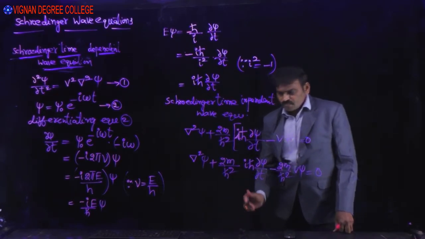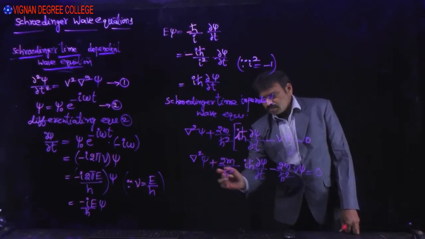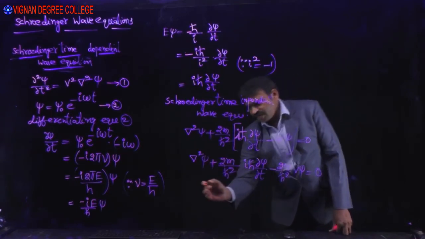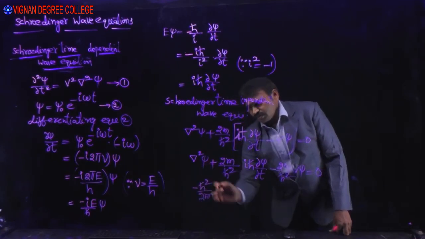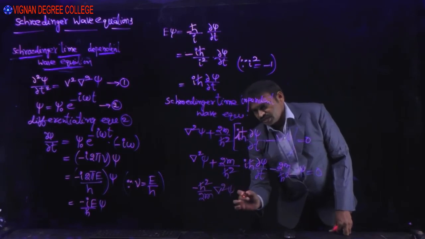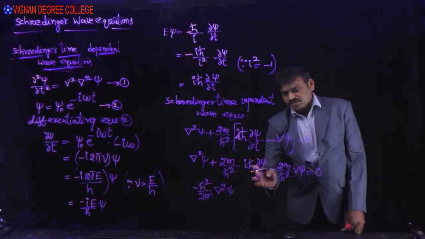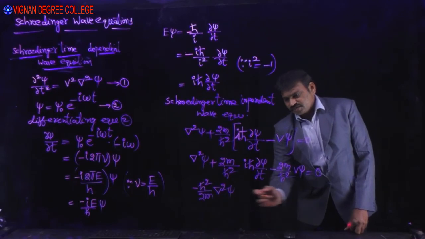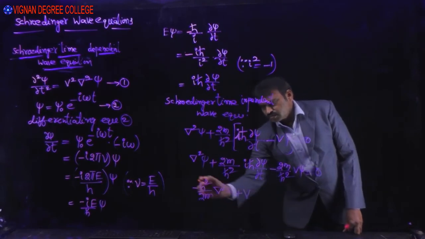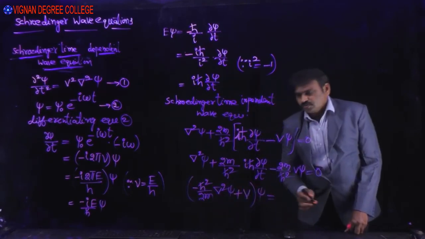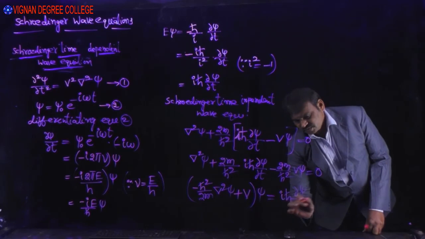Now multiply this whole equation with −ħ²/2m. Then −(ħ²/2m) ∇²ψ plus, minus into minus becomes plus, so (2m/ħ²)... giving −(ħ²/2m)∇²ψ + Vψ = iħ ∂ψ/∂t.